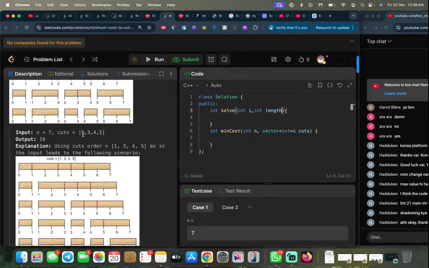So I start from here. I can partition at this point, at point 1. So it will make two cases. It will add 7 and make two cases, and then I have to solve this side and this side.